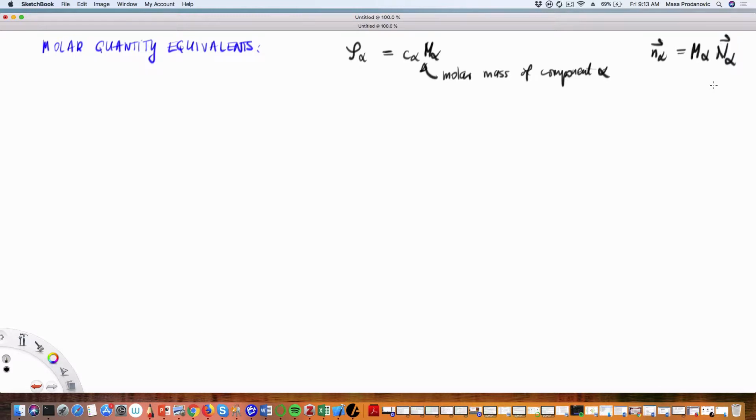Basically, if I take my equation of continuity for a single species and divide it by the molar mass alpha, I have d rho alpha dt plus the divergence term and plus R alpha.